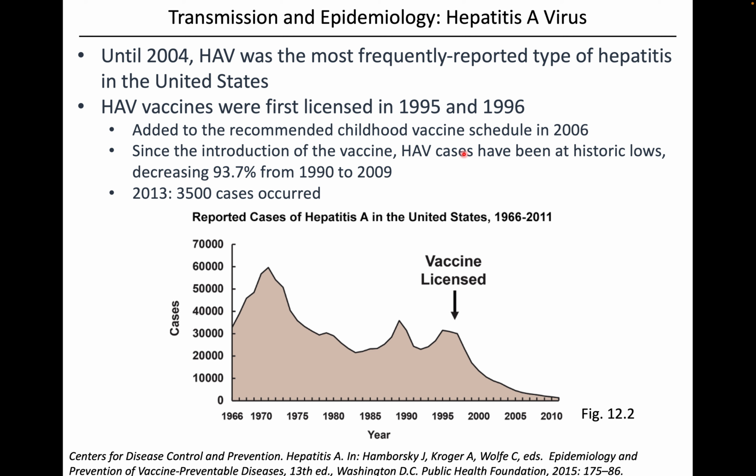Hepatitis A used to be the most frequently reported hepatitis in the United States, but once this vaccine was being more widely used, we've seen rates of hepatitis A drop off dramatically, as you can see down here in the graph. So in 2013, which is 10 years ago, and I haven't seen the more recent numbers, but I would guess they're similar, if not even lower at this point, only about 3,500 cases in the United States.